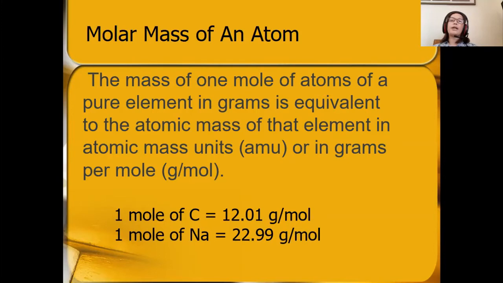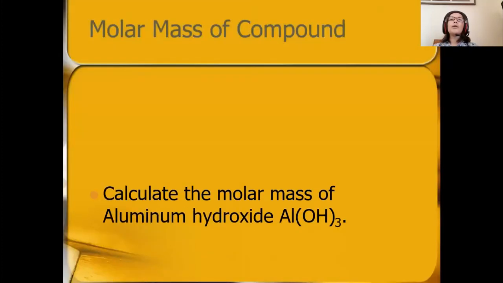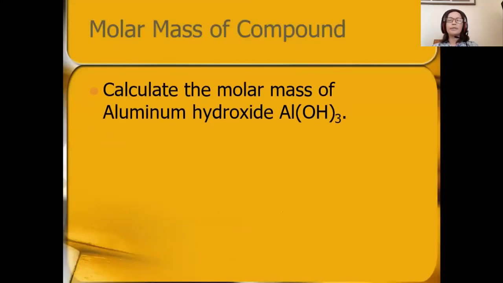So for an element or for an atom, there will be no problem in determining the molar mass, because whatever its atomic mass is in the periodic table, in atomic mass unit, that will also represent its molar mass. What about for the compound?